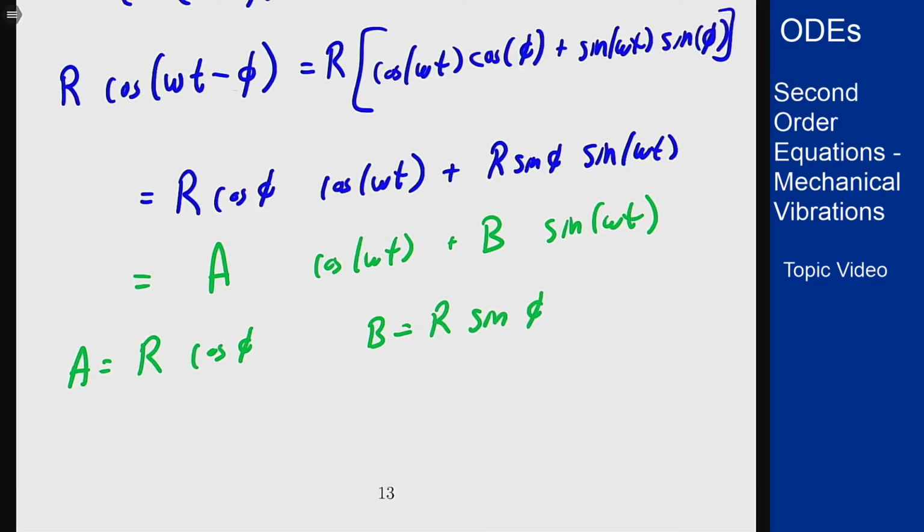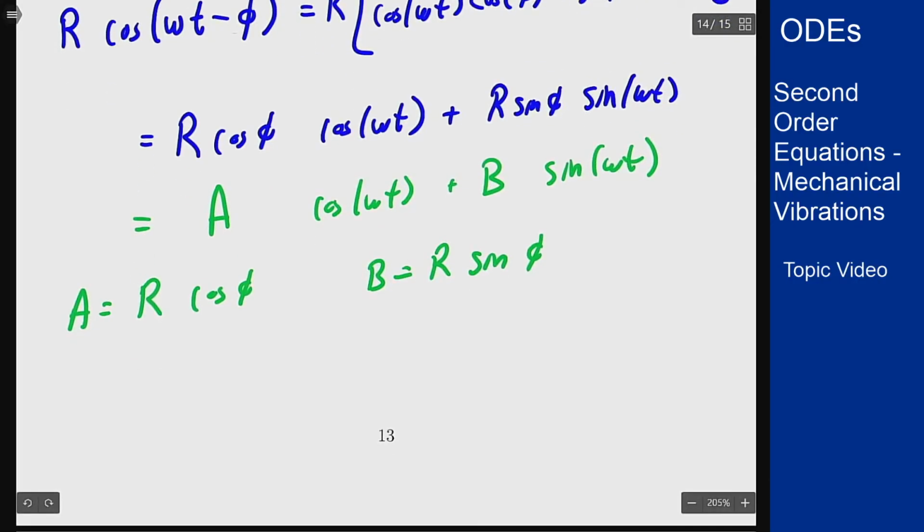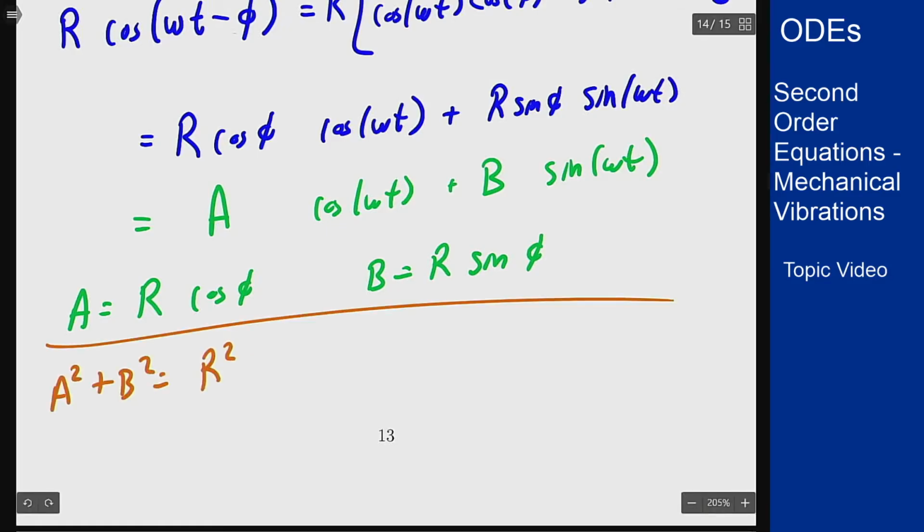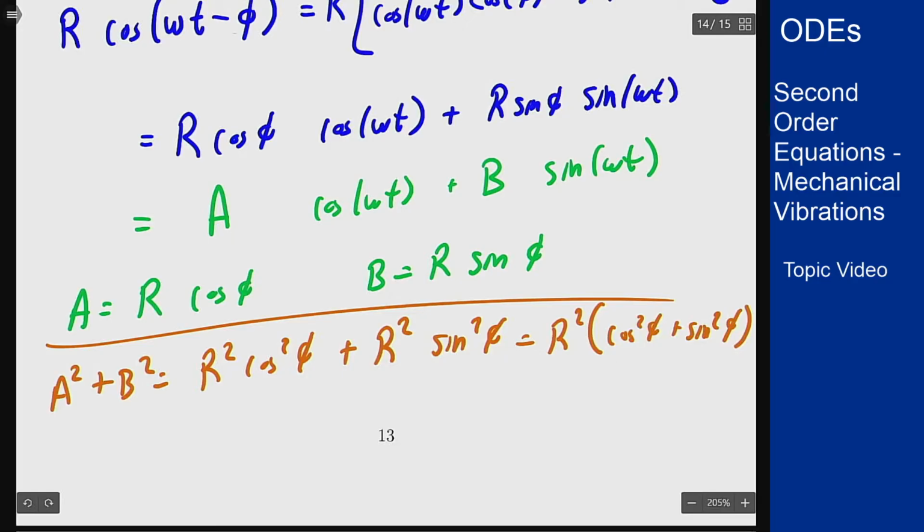Great. But if I have a and b, how do I get to r and phi? The important thing to realize is that a squared plus b squared is r squared cosine squared phi plus r squared sine squared phi. That's just r squared times cosine squared phi plus sine squared phi, and this is 1 because of the Pythagorean identity.